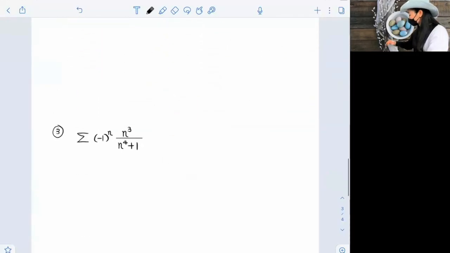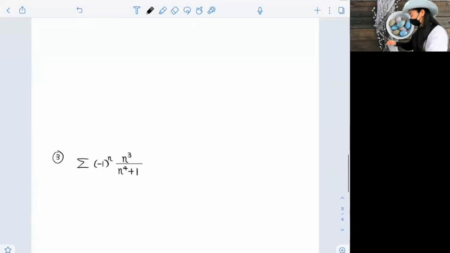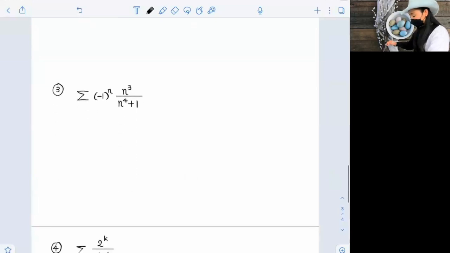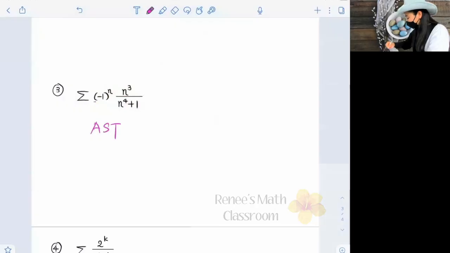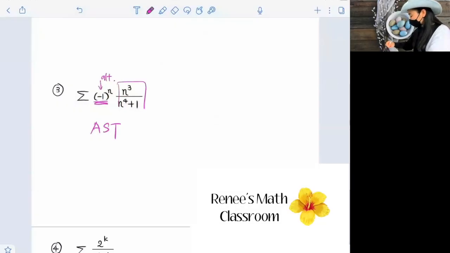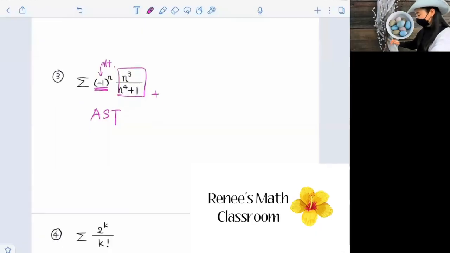Next one. Am I going too fast? Okay, this one. Which test do you think you're going to use? Yeah, you guys are good at it. Alternating series test because of the alternating sign, right? And then this part here is always positive, right? Good job.